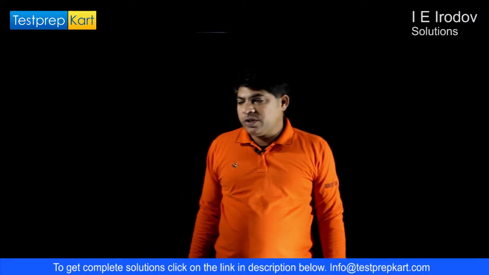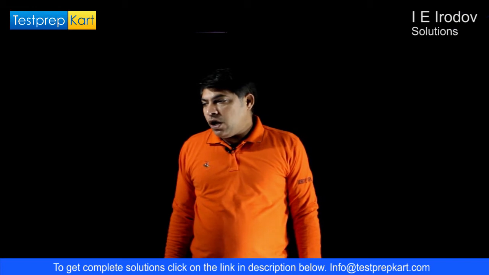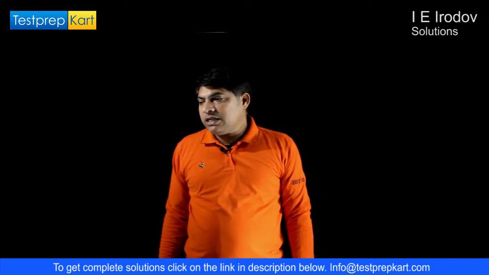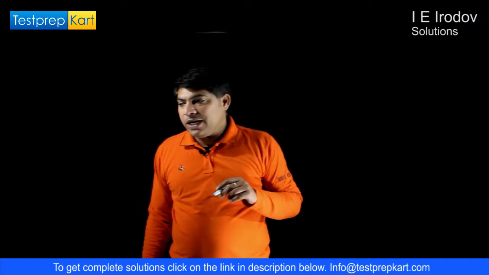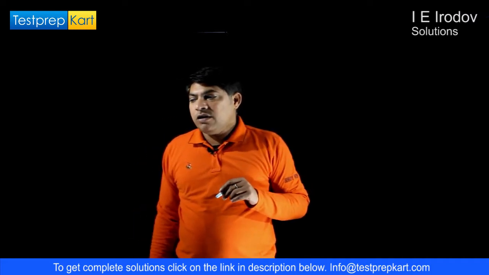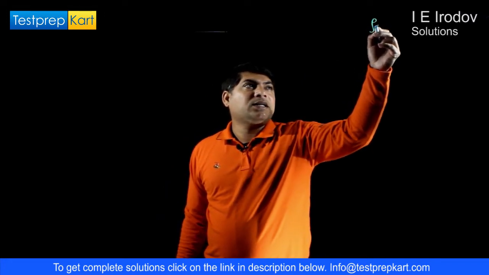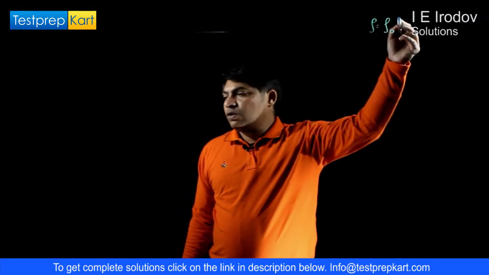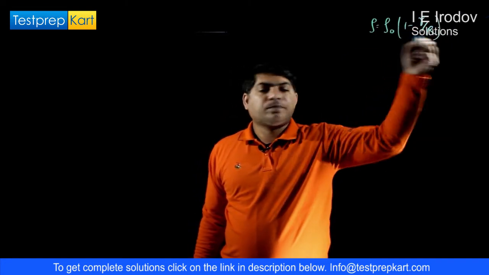Question number 3.25. A ball of radius R carries a positive charge whose volume density depends on separation r from its center, and this density is changing as rho equals rho naught times (1 minus r over R).